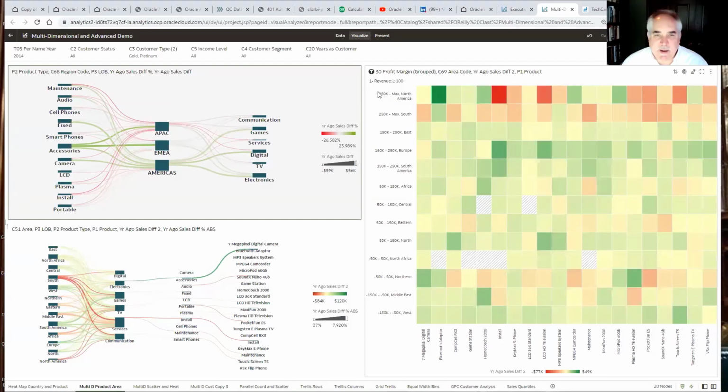Yeah, and notice we have this sorted from top to bottom. So this is the big hitters at the top, 250,000, and then the kind of small ones, the weak ones down here in terms of revenue. And then what we're doing is we're looking at the year ago sales difference.